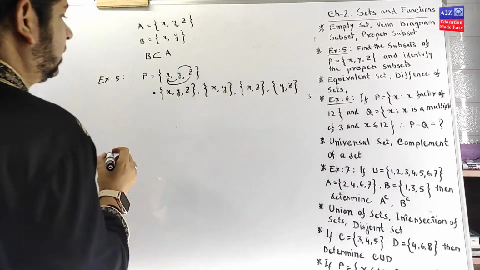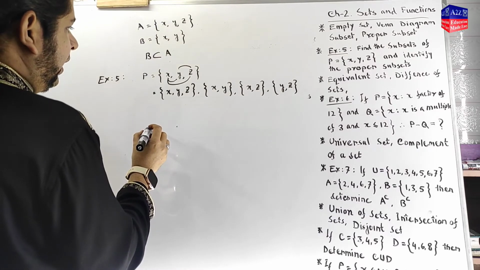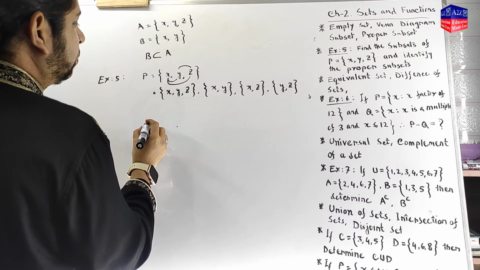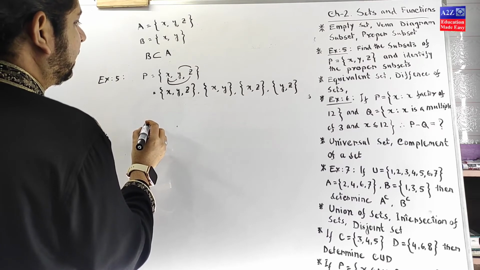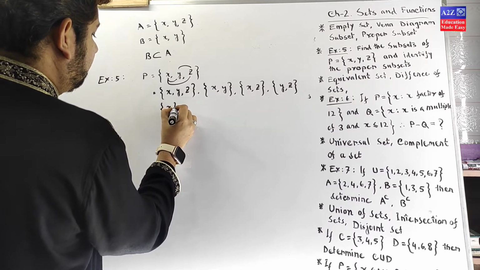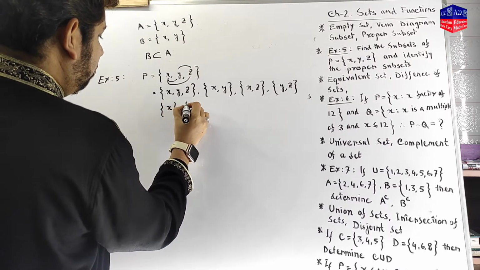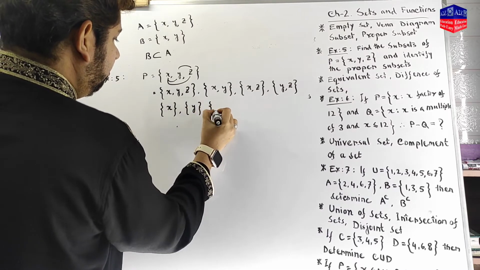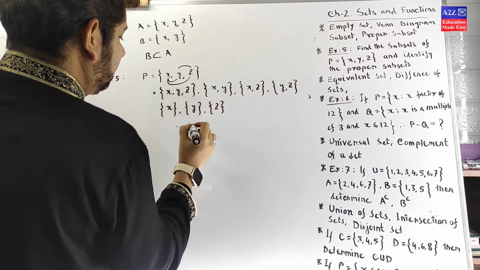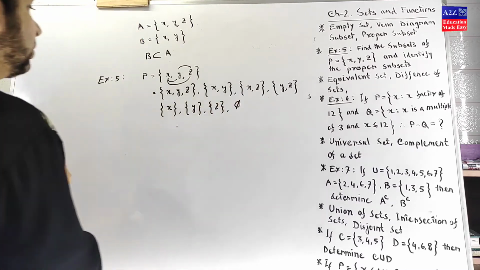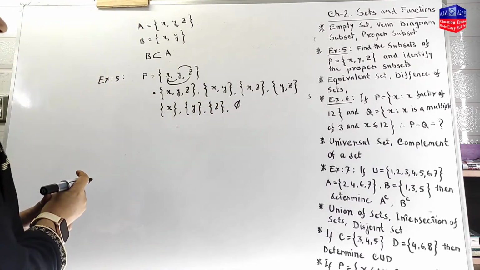Now I would like to use each and every element independently so that they themselves prepare another set. So I can use X as a subset, Y as another subset, Z as a subset, and finally empty can be the subset of each and every set.